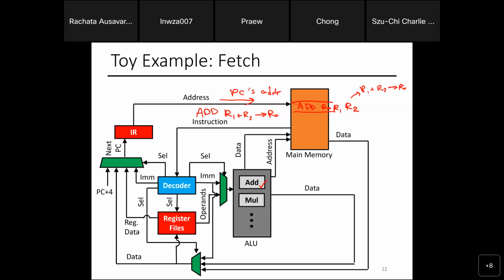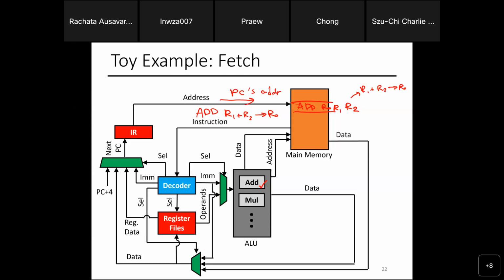So what are the right inputs in our case? What's input 1 and what's input 2? Add takes 2 inputs. So what are the 2 inputs? R1 and R2, right? So in that case, the decoder also knows, okay, I need to take R1, I need to take R2. Remember the gather the operand step from earlier. Now the decoder says, okay, I need R1 and R2.